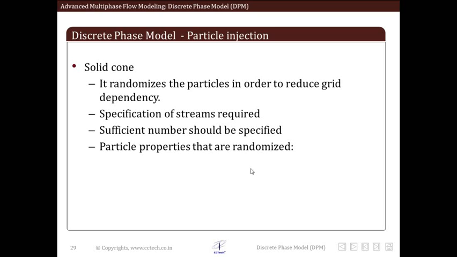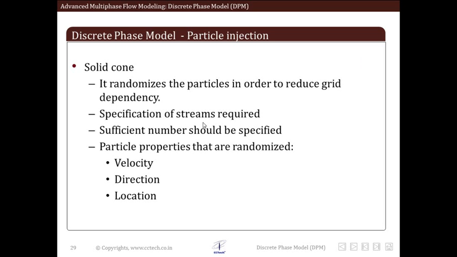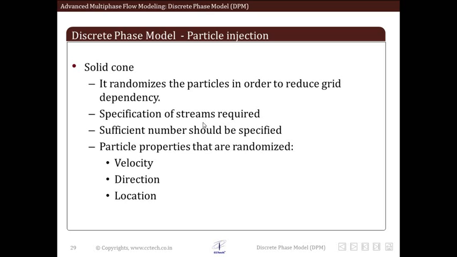What is meant by this is that it is a truly random distribution of variables. Velocity, direction, and location are distributed in a random manner. That is, any particle stream can have any velocity, direction, or location. It represents a truly random injection in the form of a solid cone.